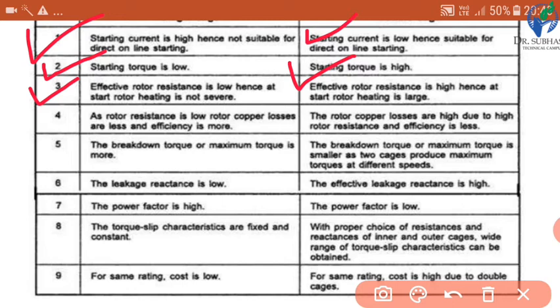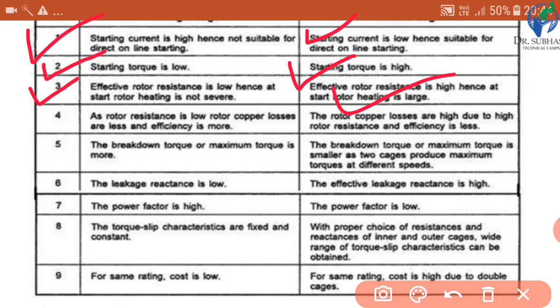In the case of a double cage motor, effective rotor resistance is high, hence at start rotor heating is large. So this is the difference between single cage and double cage. Heating is large at the time of starting in a double cage rotor.